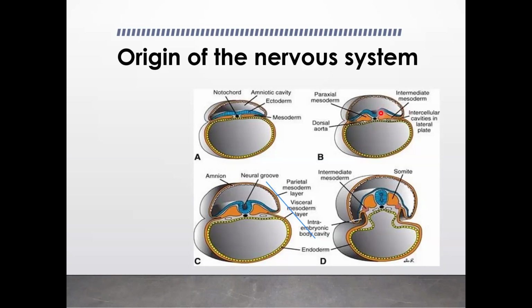You'll appreciate something interesting is happening to this ectoderm. You'll appreciate that it is undergoing folding. That is our ectoderm. It will undergo folding to give us a neural groove. Then the folds of the neural groove will fuse to give us the neural tube.